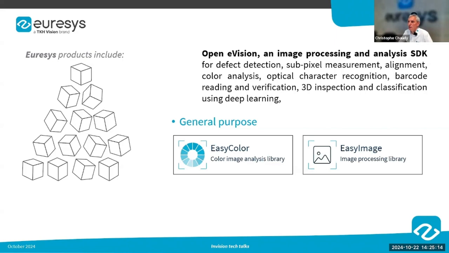We have Easy Color and Easy Image. It's typically for pre-processing images before other processing. So it processes color and it could perform filtering, HDR, stuff like that.